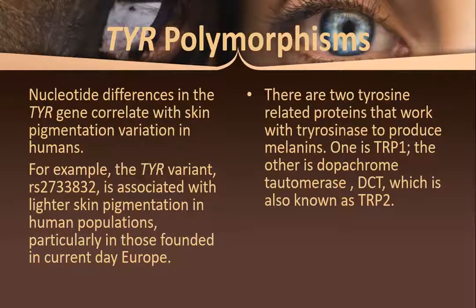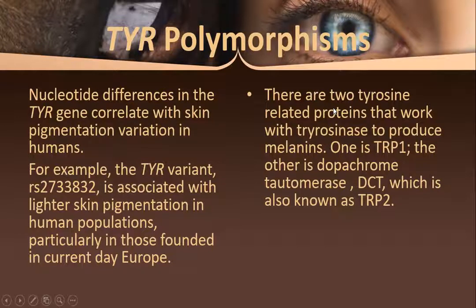Which type of TYR exists in European people? RS2733832 is associated with lighter skin pigmentation. So to say, TYR also defines skin color. So variation exists in the TYR. So we say this is TYR polymorphism.